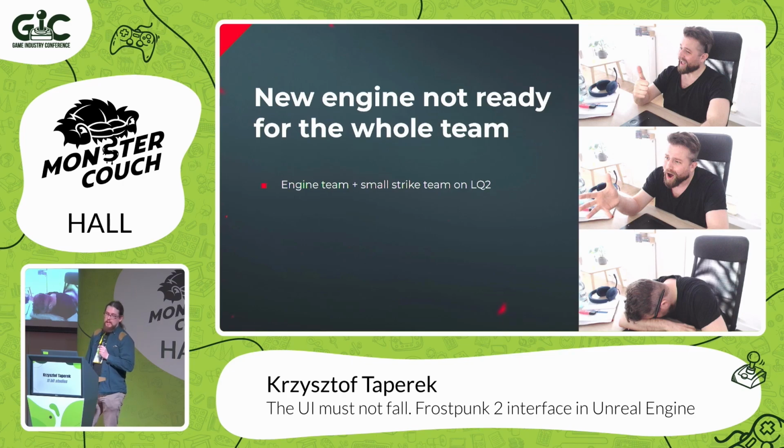So the engine team with a small strike team moved to implementing base stuff for the game on Liquid 2, but the rest moved to prototyping on Unity. So we introduced another engine. Most of the designers, gameplay programmers, and artists moved to Unity. They were testing mechanics and prototyping them.